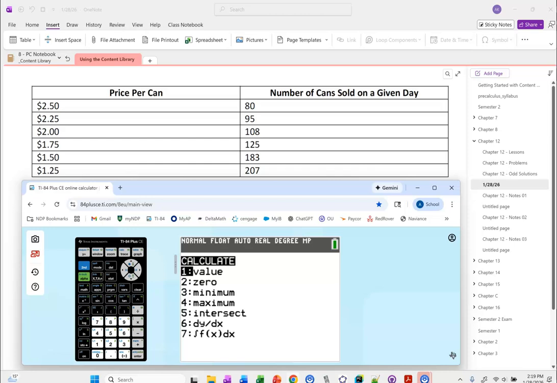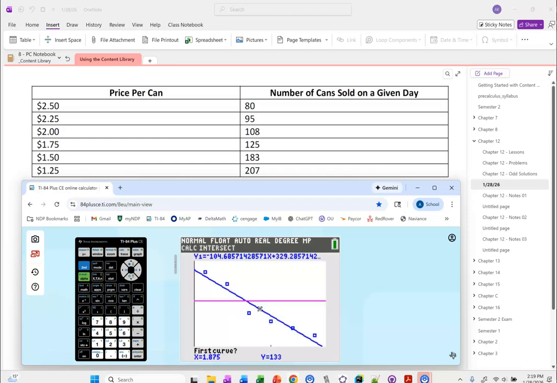Which command here looks like the one I want? Intersect, of course. Because I just have two curves here, and they're both straight lines, they can only intersect once. So I'm just going to press enter 3 times, and it says I should charge about $1.71 to sell 150 units.